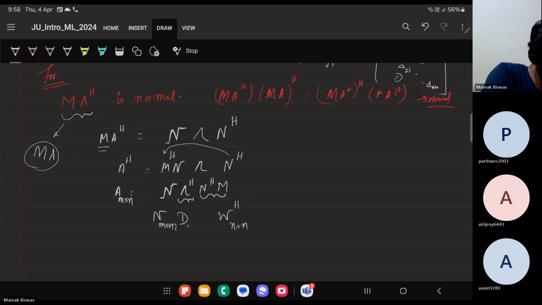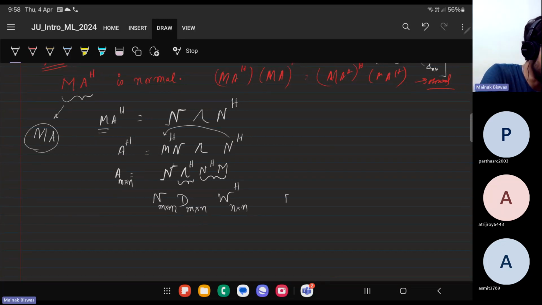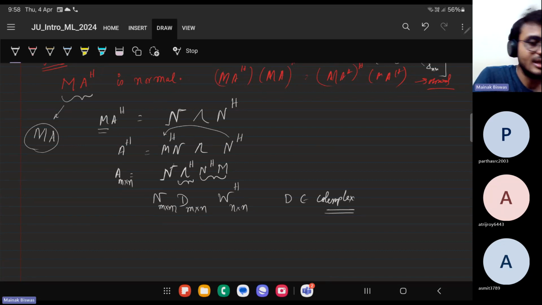Not yet, because D can be complex, right? D can be a complex diagonal element. Yes or no? Because we have not done anything yet.